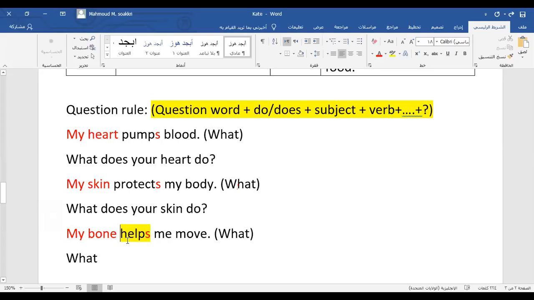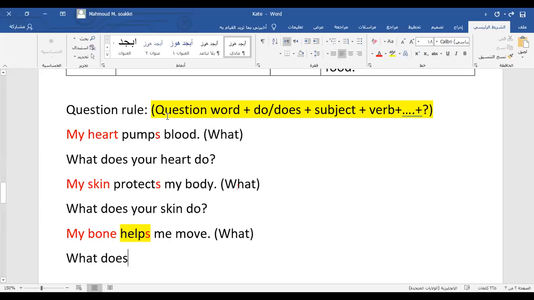If the verb ends with S, I use does. Again, Omar Izzat. If the verb ends with S, I use does. Okay, Omar Izzat? Okay. Now, the verb helps ends with S. So, what am I going to use, do or does? Does. Excellent, Omar Izzat. So, what does?